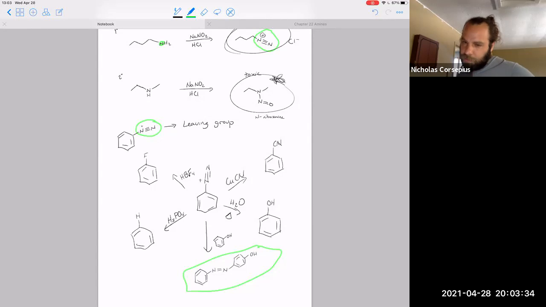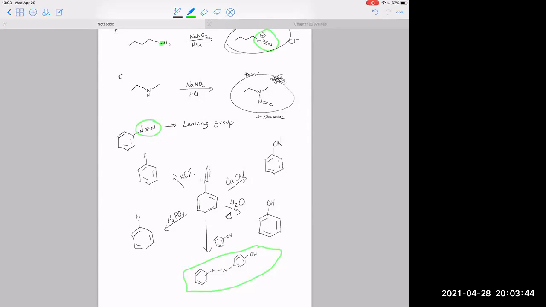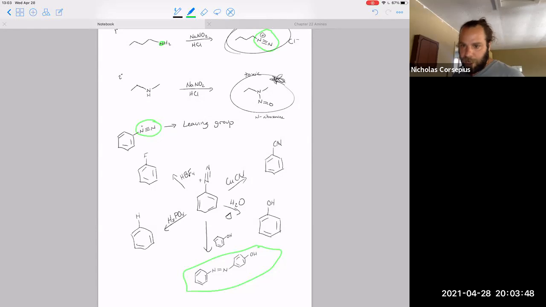So while I don't expect you to have it memorized for this particular one, I definitely expect you to be able to show resonance stabilization of charge. Okay. Does that make sense? Not necessarily for this chapter, but resonance stabilization of charge is something that we learned about in previous chapters and is something that should be known for the ACS exam.